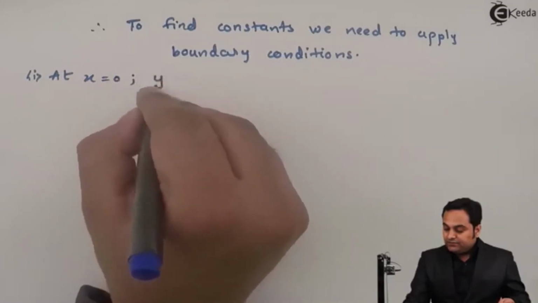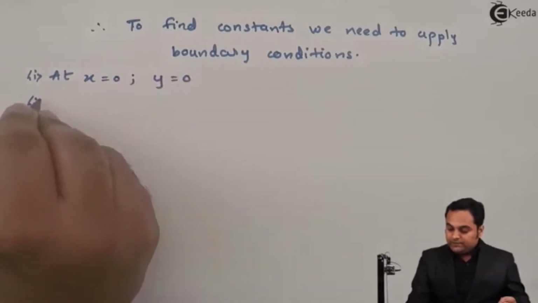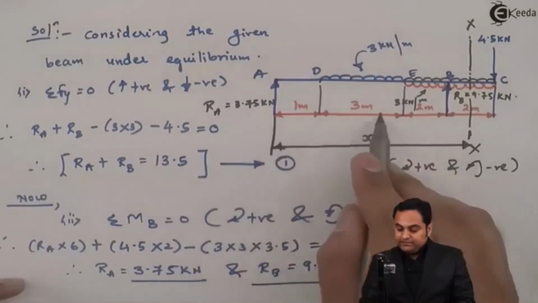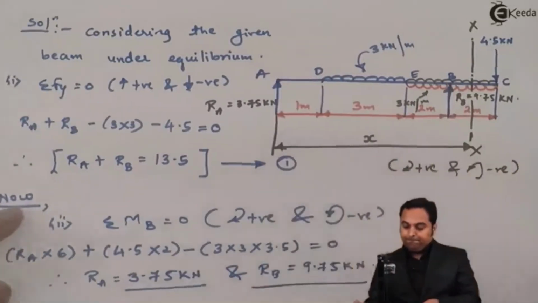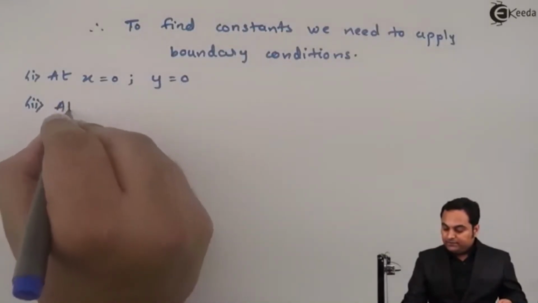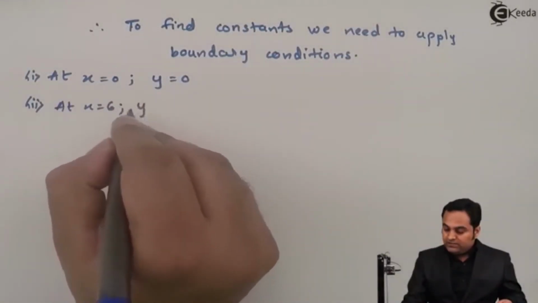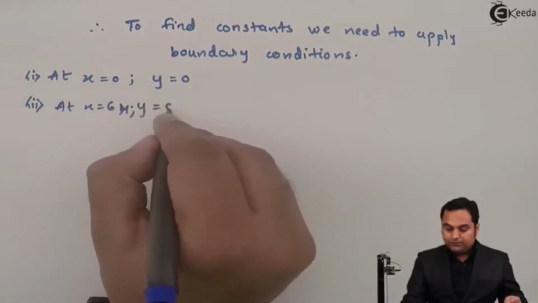At x equal to 0, y is equal to 0. And the second boundary condition is when x is equal to b, that is 6 meter. At x equal to 6 meter, y is equal to 0.